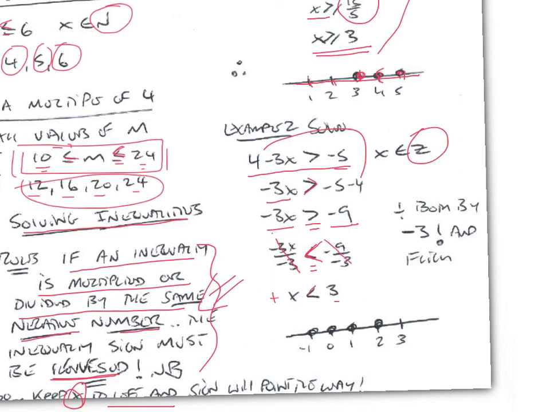So x is less than 3. We started this way, now we've gone that way because we divided both terms by a negative 3. So we do our number line, 0, 1, 2, 3, minus 1. We're talking about integers, so we'll show that by marking 2 dot, 1 dot, 0 dot, and a negative 1 for good luck, to prove we know we're talking about the positive and negative whole numbers.